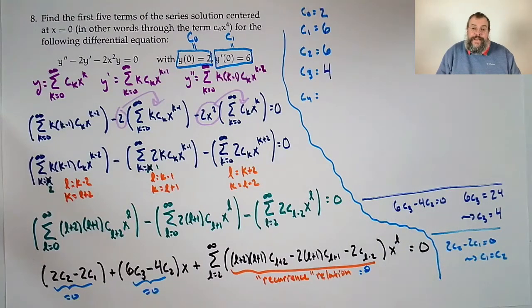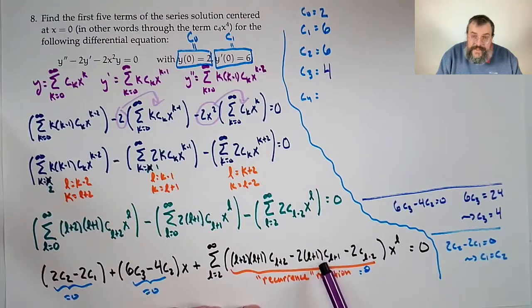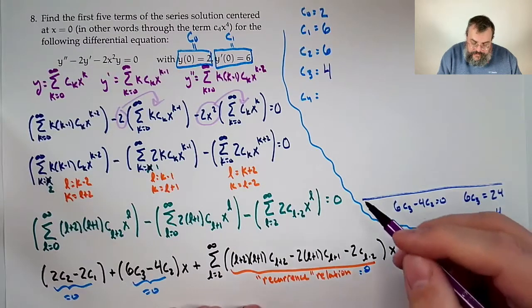So how do we get that last coefficient? Well, think about how we got these coefficients. Our constant coefficient, our coefficient of x. So what do we look at next? Our coefficient of x squared. Yes. So that comes into here. That's put in L equals 2.